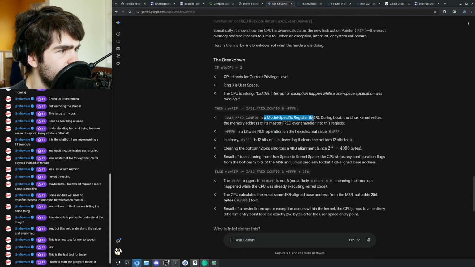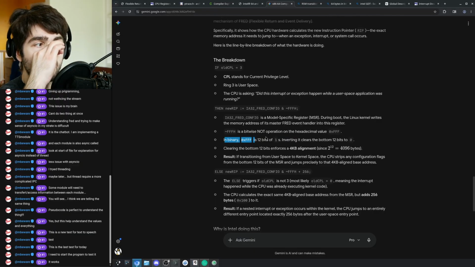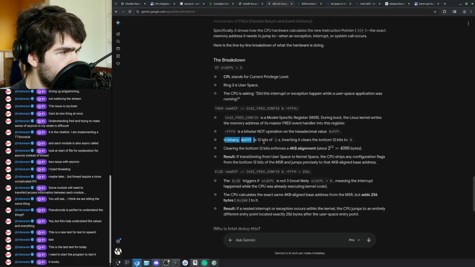Is the MSR during boot where Linux writes the memory address? Yeah, okay, so this is the new address that we're going to. Okay, I think I get it. The bitwise not operator, binary F, is 12 bits of 1. Clearing the bottom 12 bits enforces a 4 kilobyte alignment.